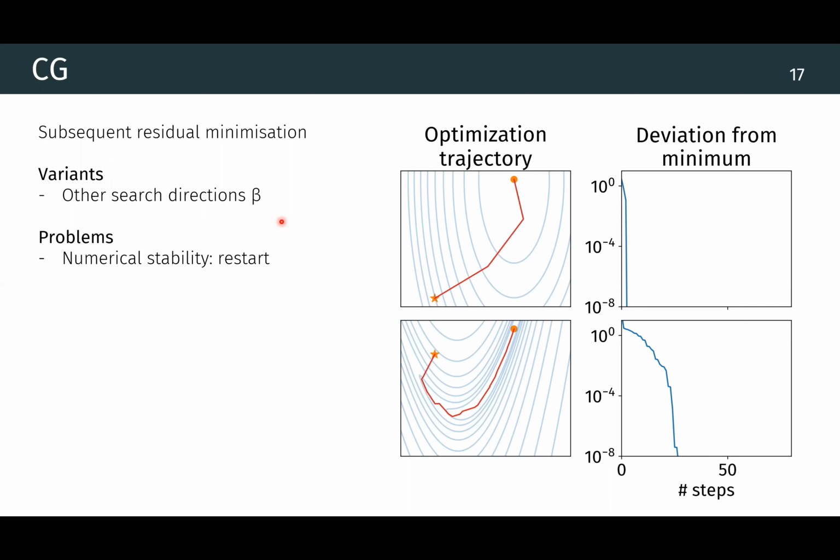And the typical solution, whenever you run into some numerical problem, where, for example, the line search in a certain direction does not reveal a new minimum, which could be the case if, just for numerical reasons, your vector p points in the wrong direction, so uphill, then your line search in that direction will not reveal any minimum because you are at the lowest value that is possible in this direction. What people typically do is they just say, all right, let's restart this thing. I forget about all my past search directions and I start from scratch again following the gradient.